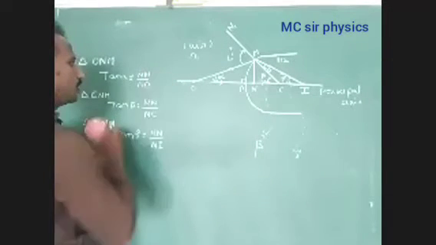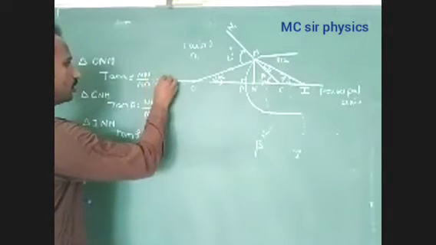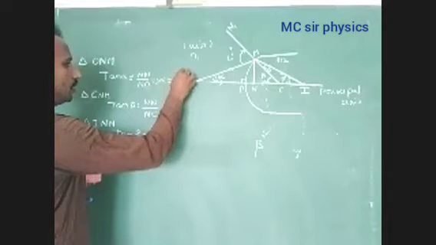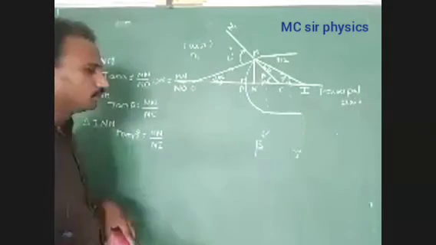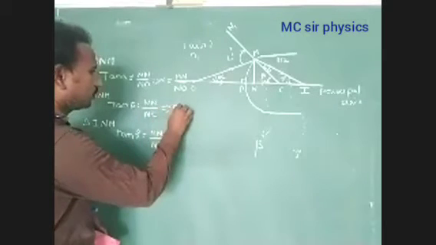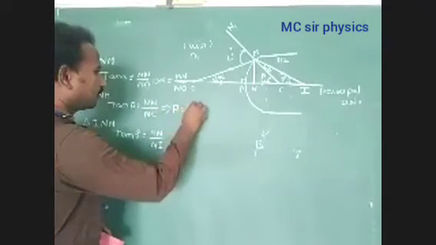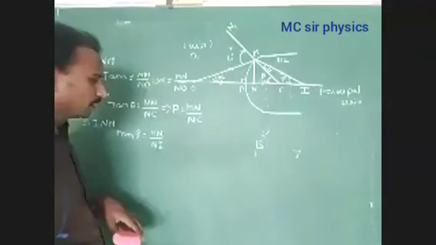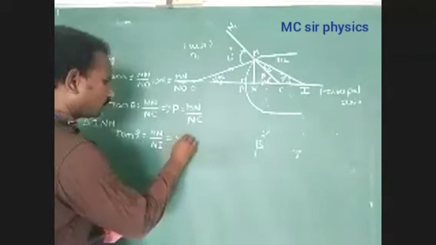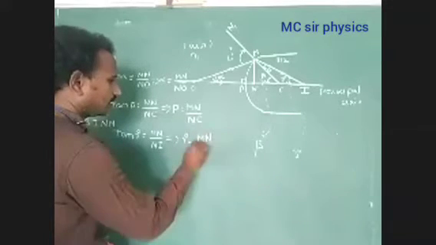Here alpha equals MN divided by NO. Beta equals MN divided by NC. Gamma equals MN divided by NI.